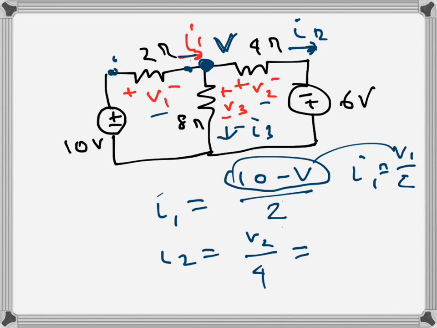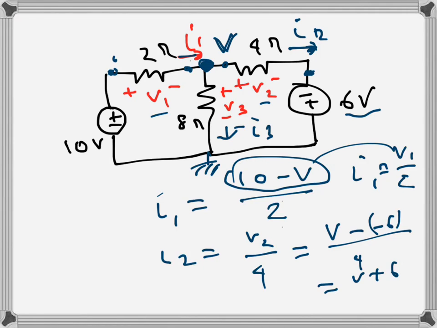Now V2 will be, the voltage here is V and the voltage here is minus 6, we will call this ground. So this is minus 6 because of the polarity of the voltage source. So V minus minus 6 over 4, which is (V plus 6) over 4. That is the voltage drop over 4, basically I2.